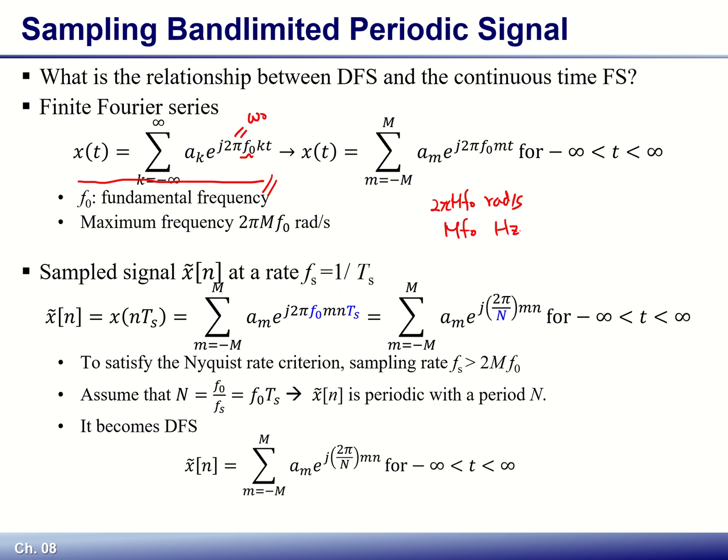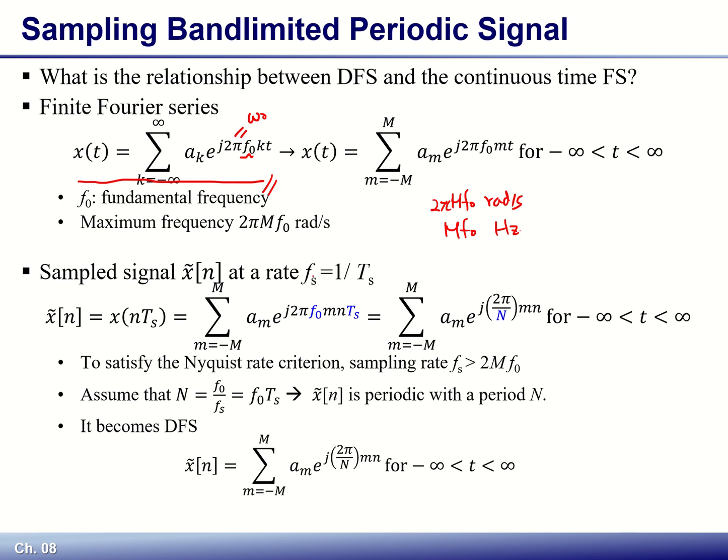To handle data in computers, continuous time should be sampled. Let's sample the signal to get x tilde. The rate will be fs.